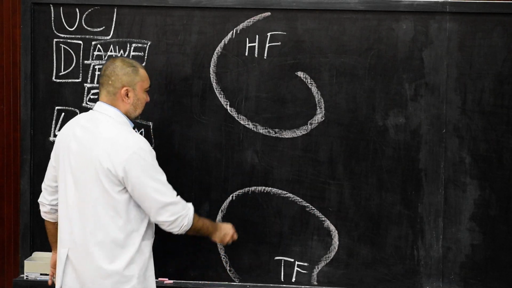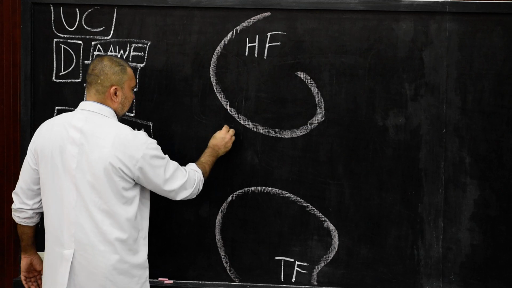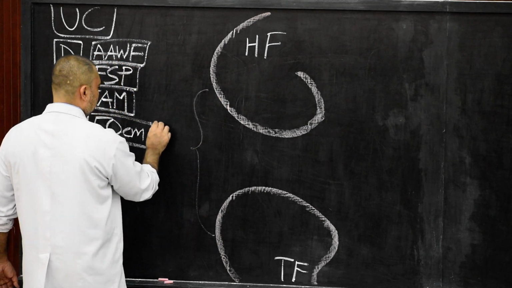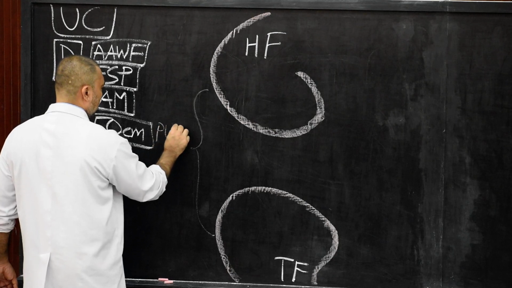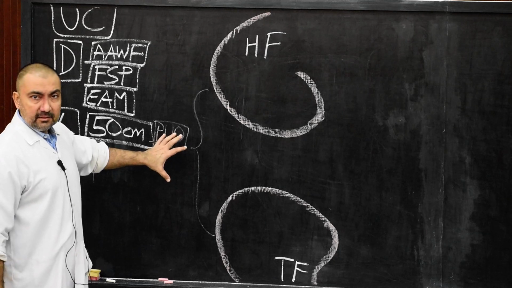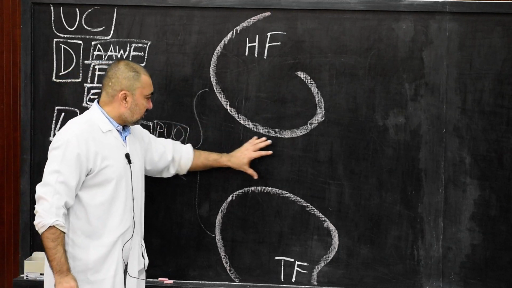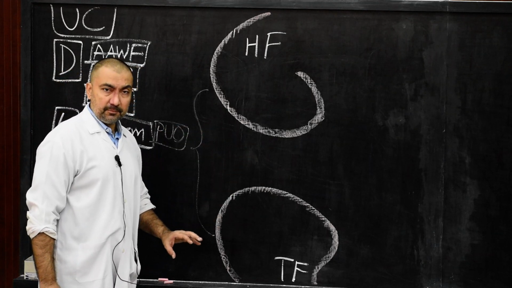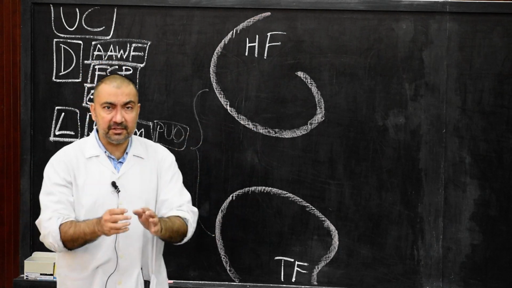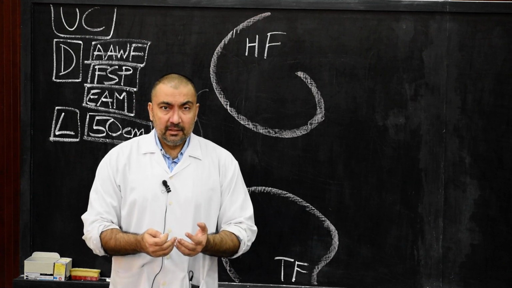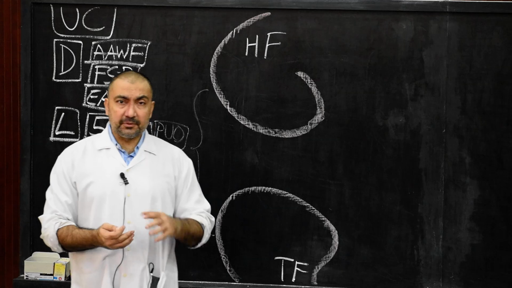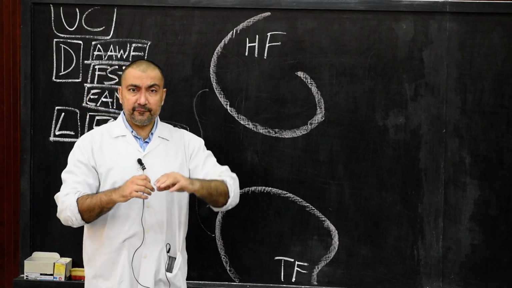I am writing it lightly so that we can draw the constituents of the umbilical cord. This happens during the folding of the embryo: head fold, tail fold, and the right and left lateral folds.